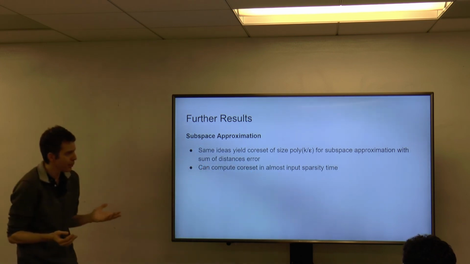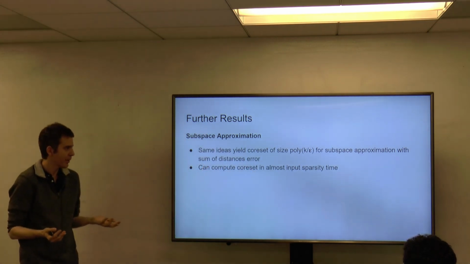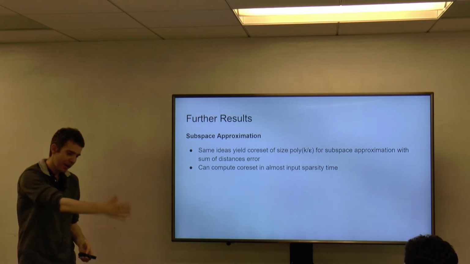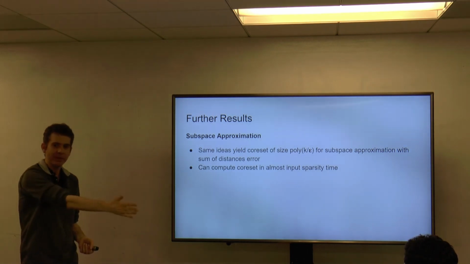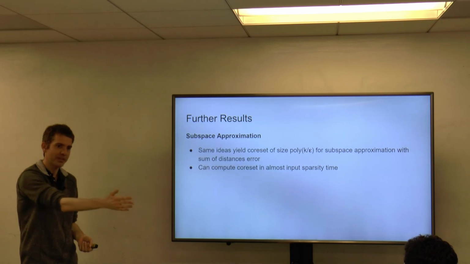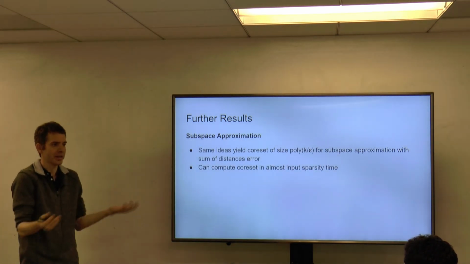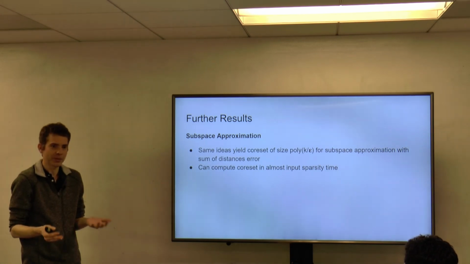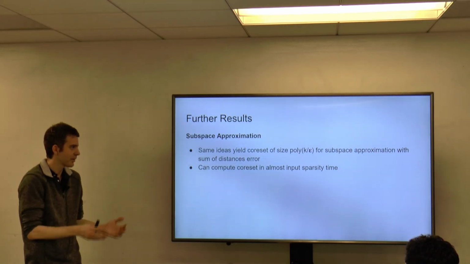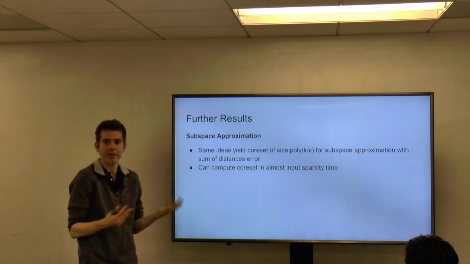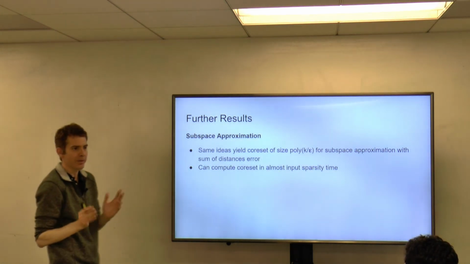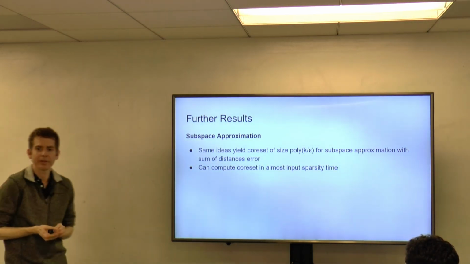We think this can be improved by using bicriteria algorithms. Instead of starting off with a good approximation to the best k-dimensional space, if we start off with a space of, say, poly k dimensions which is as good as the best k-dimensional space, then maybe you can get an algorithm which doesn't have an exponential dependence on k. But we haven't worked that out. So that's all. Thanks.